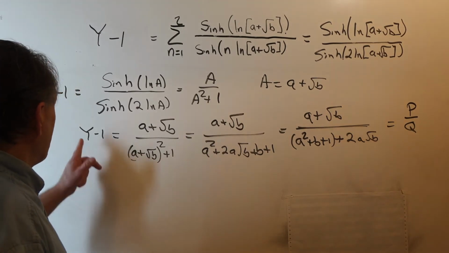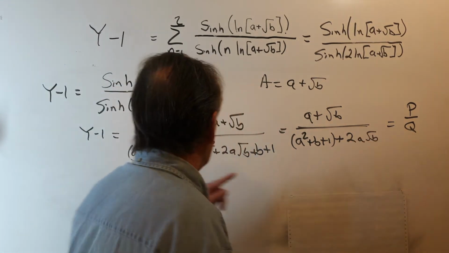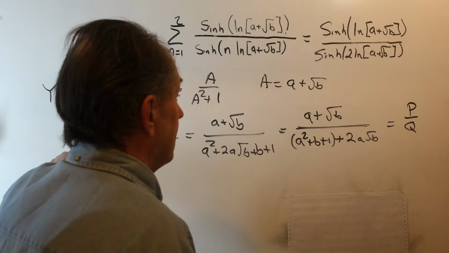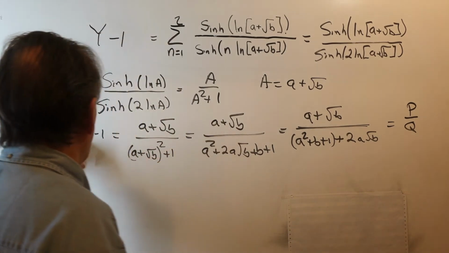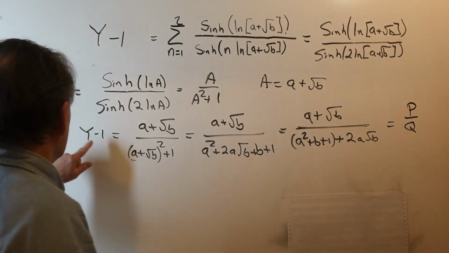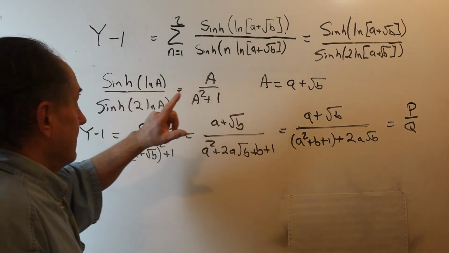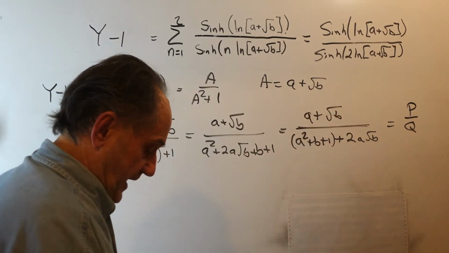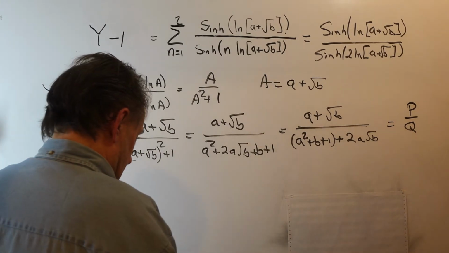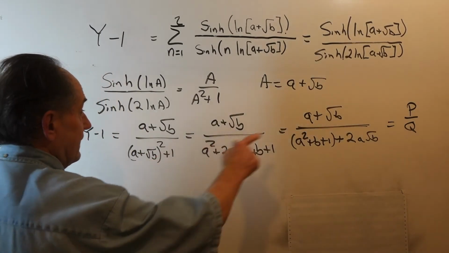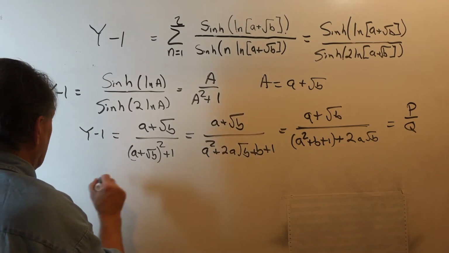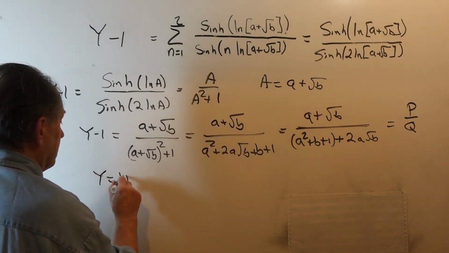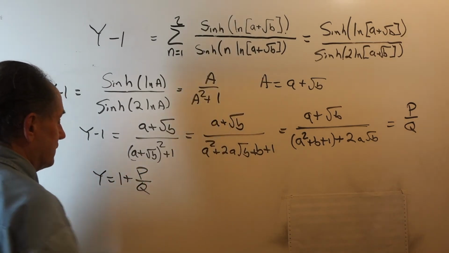Now, if y minus 1 is equal to a rational number, then y is equal to that rational number plus 1, which is also rational. Okay, so if p over q is rational, then y equals 1 plus p over q is also rational.